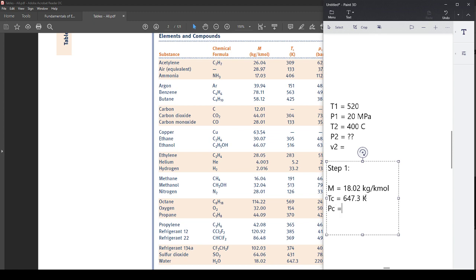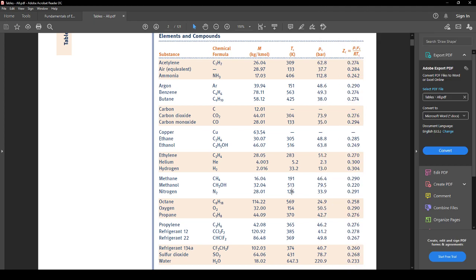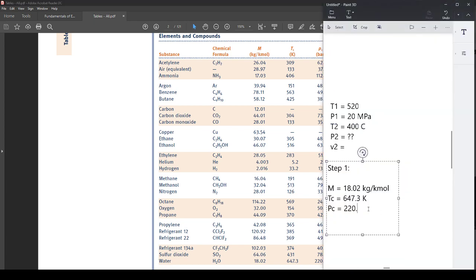P sub C is equal to 220.9, and that is in bar. So that right there is what we had to do. We had to go to table A1 and grab all the relevant information about our question, okay? So step 1 completed, right?